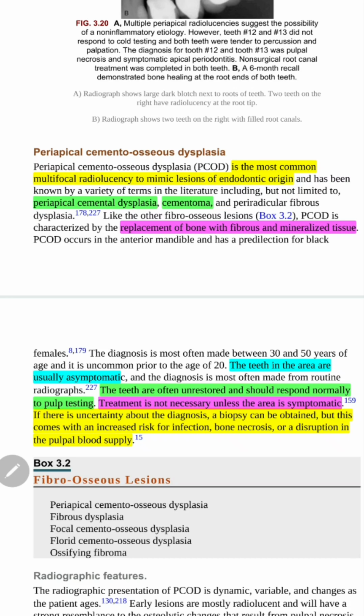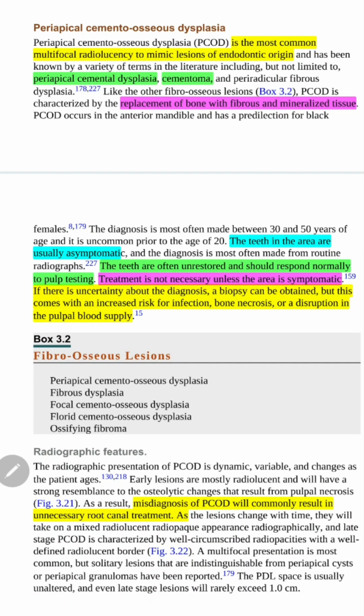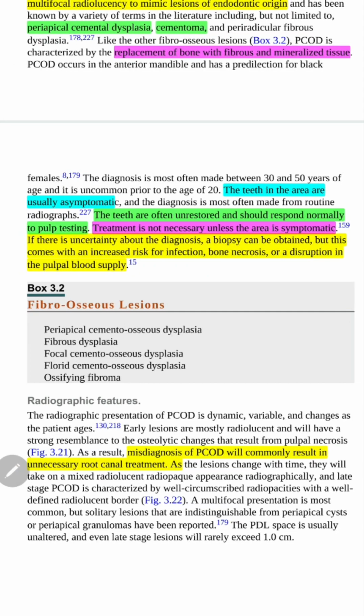Cementoma is the replacement of bone with fibrous and mineralized tissue. The teeth are usually asymptomatic. The teeth are sound. They have no necrotic pulp, and they are unrestored and should respond normally to pulp testing.